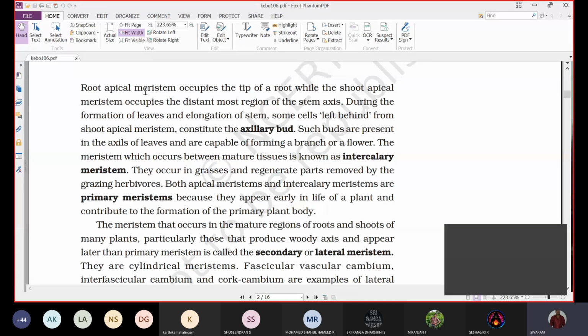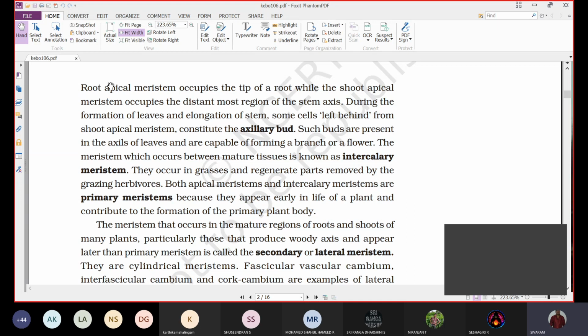These are the two types of apical meristems that we observe in plants.